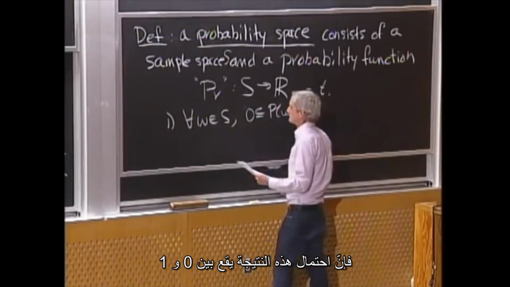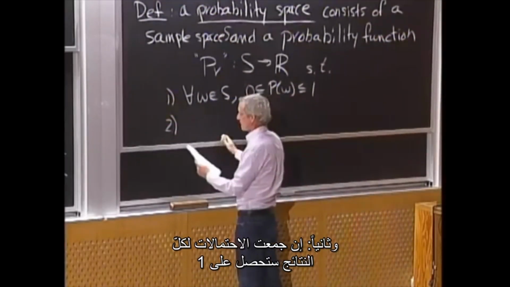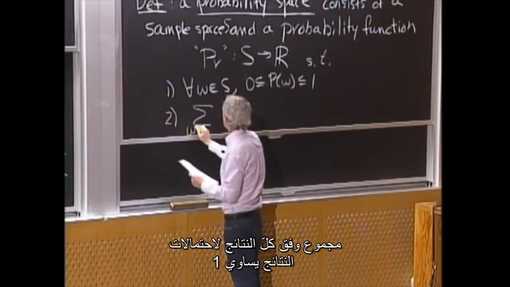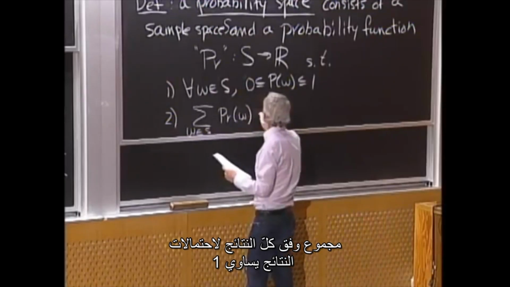And second, if you sum up the probabilities of all the outcomes, you get 1. So the sum over all outcomes of the probability of the outcome is 1.